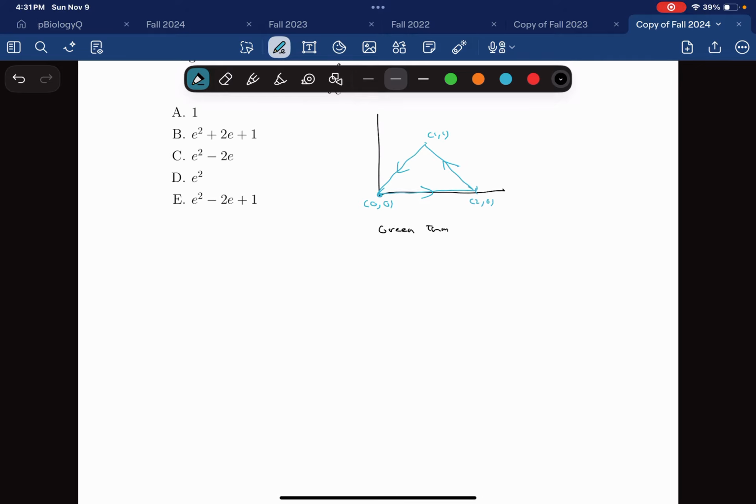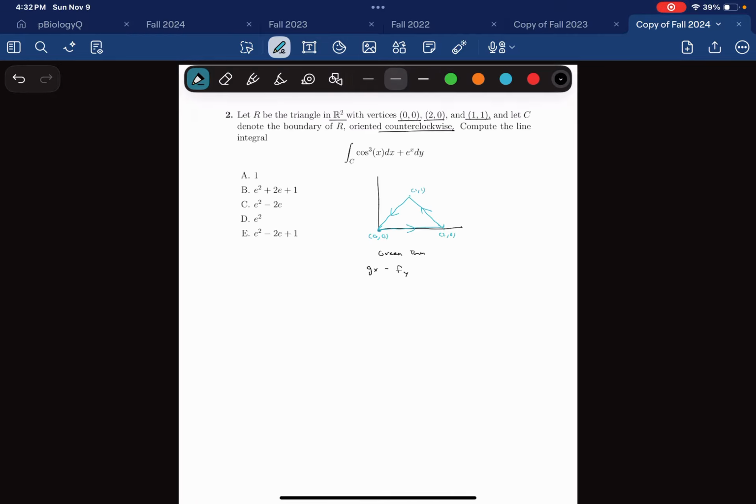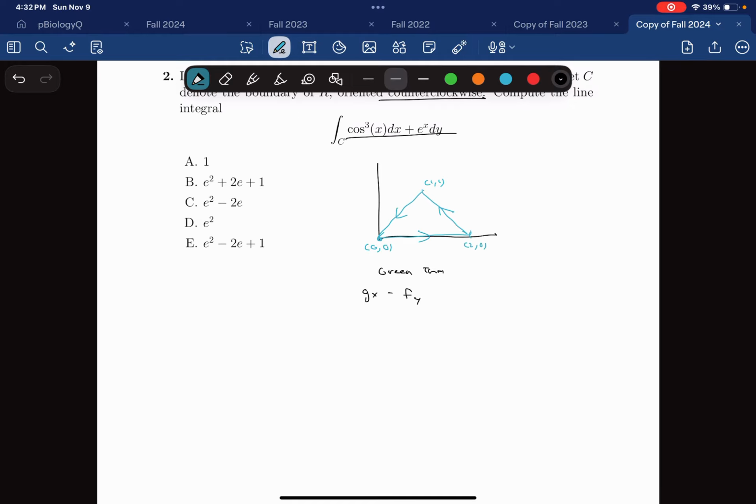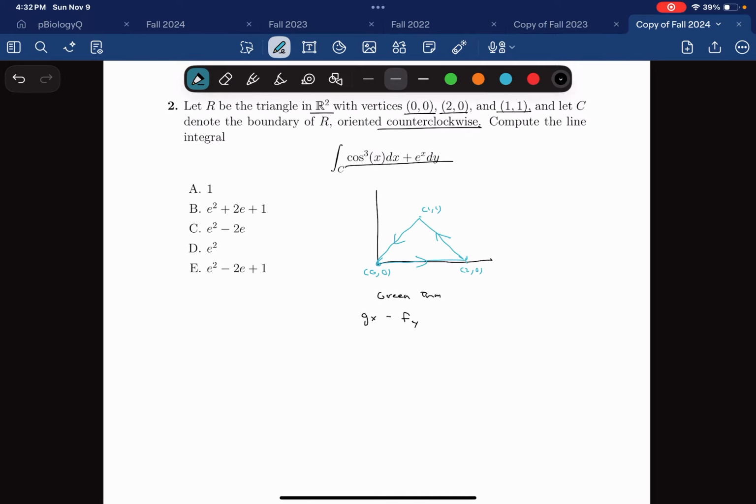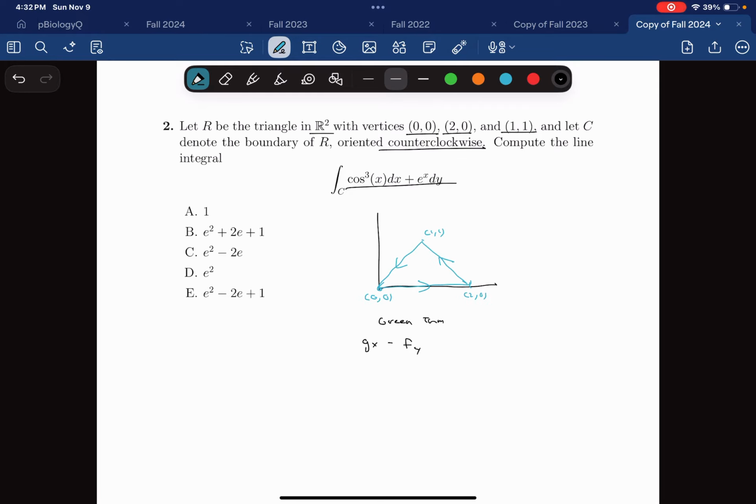So Green's theorem, we got to find the curl, which is just the partial derivative of g with respect to x minus the partial derivative of f with respect to y. So we have this right here. This is essentially our f dx, and this is our g dy.